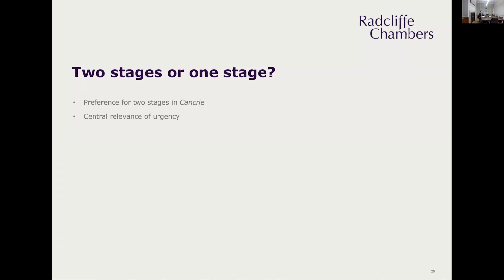And it's likely that you will need very good reasons of urgency to convince the court to do everything in 1 stage. You likely need to be able to say that there is this acute pressing need to get both your Indo and your Norwich Pharmacal in 1 go. And where you're seeking information as part of your primary interim relief, for example, in Norwich Pharmacal, well, you could attempt to argue that doing everything in 1 stage doesn't matter because the court is only imposing an obligation to give information.